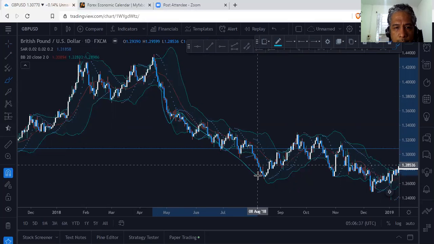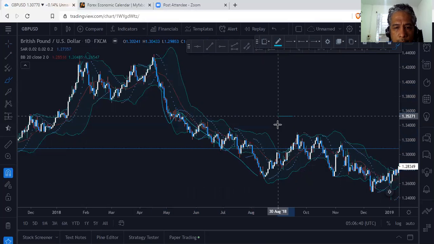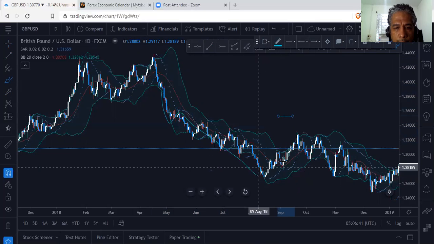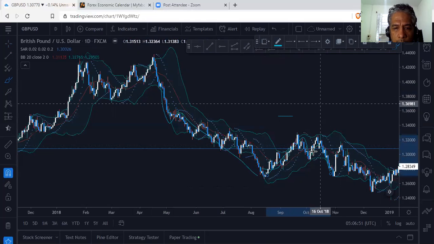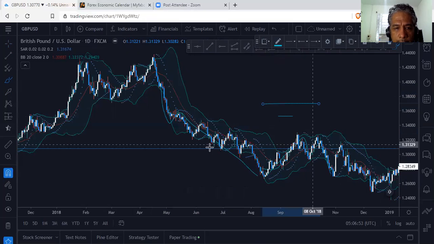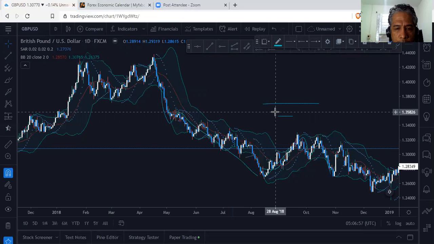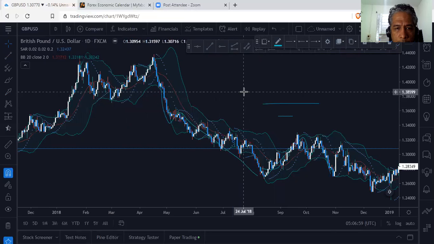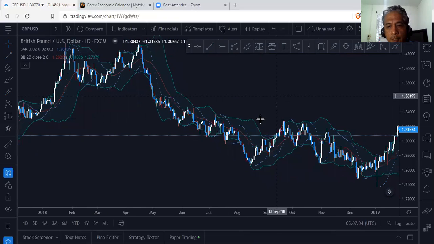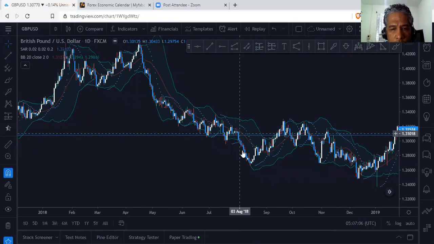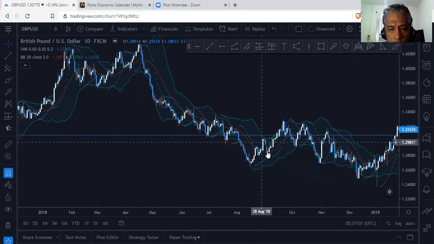See that one? And right here, see this? So as the market moved to this location, you can see here the W pattern.